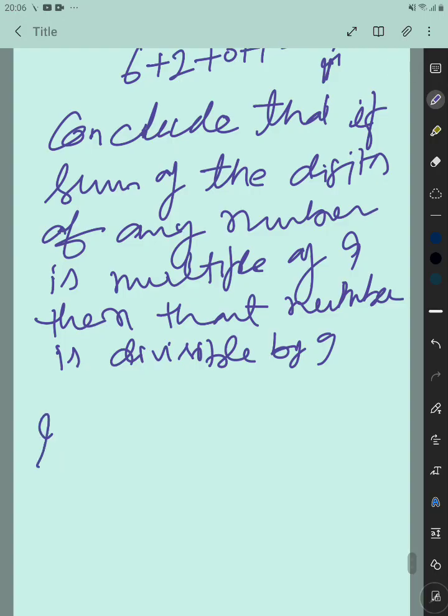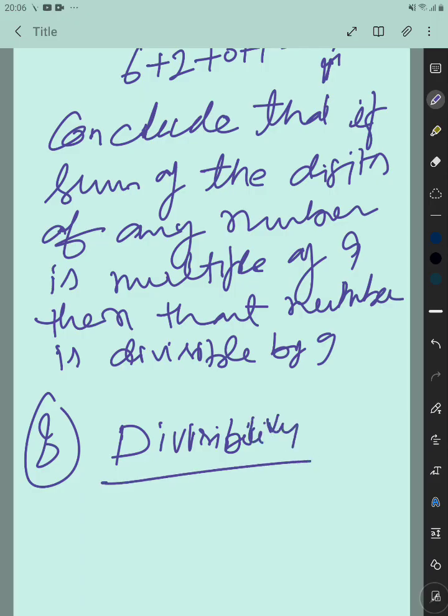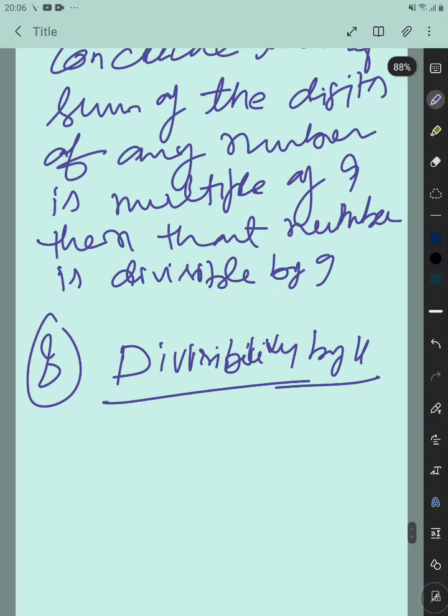Okay, let's take another one, that is divisibility by 11. So this is the last one. For finding out the divisibility by 11, we'll take a few numbers, and after taking a few numbers, we'll try to find out the pattern.